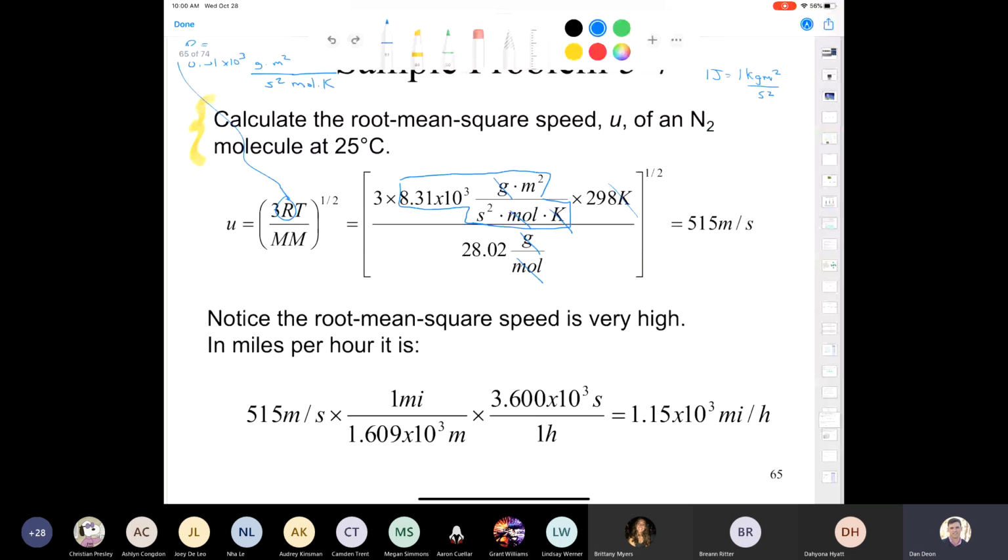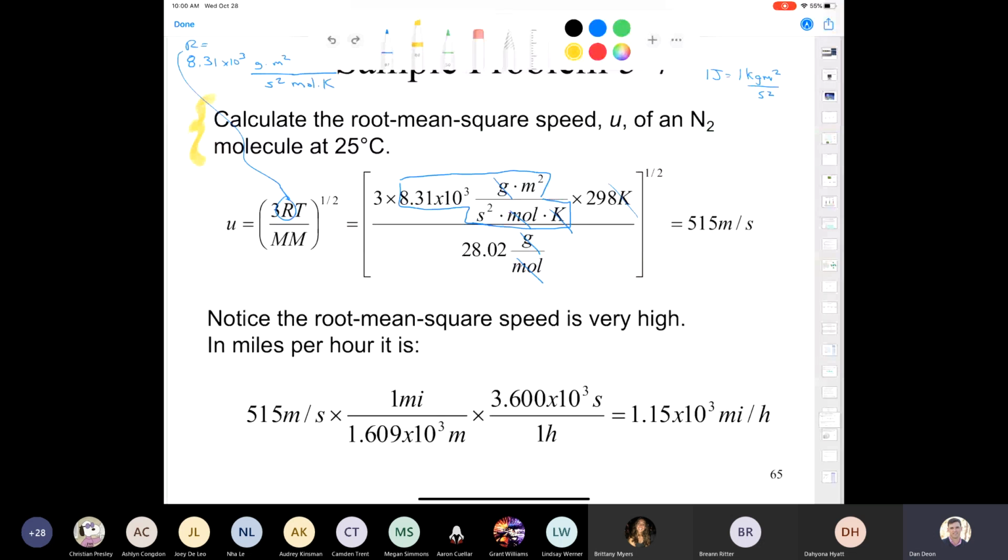I know that everybody hearing my voice can work this out. If I was to set this up for you and say, take the square root of all this, you'd be like, sure. 3 times 8,310 times 298 divided by 28.02, press the square root button, and you end up with 515 meters per second. Now that's a pretty fast speed.